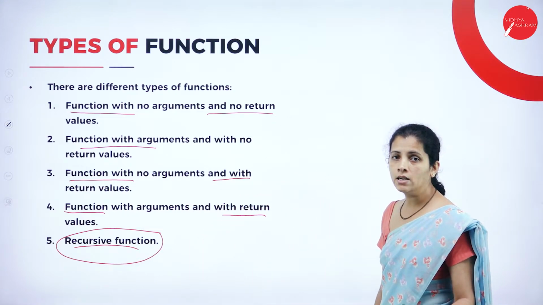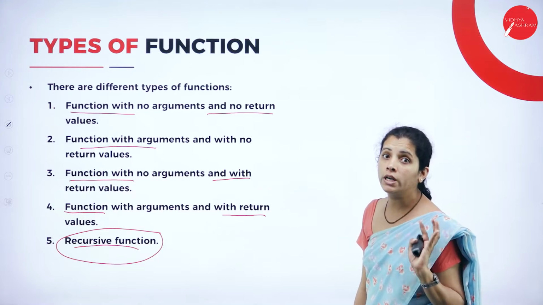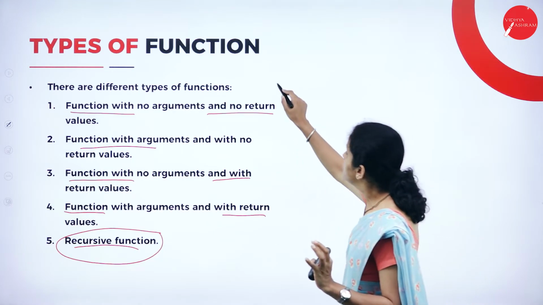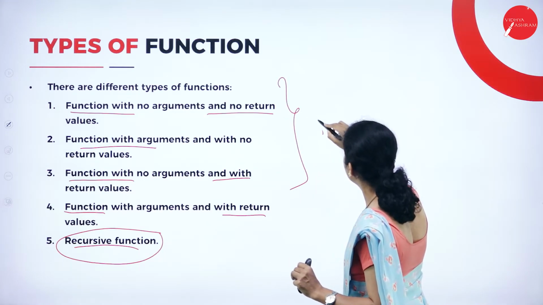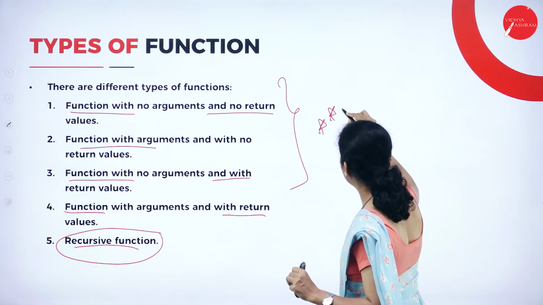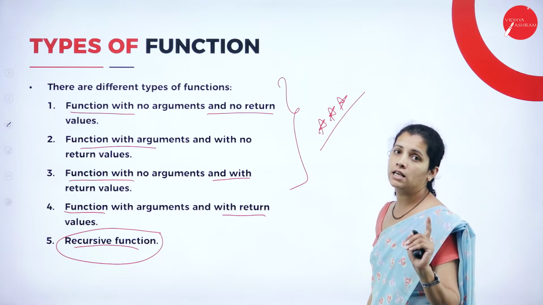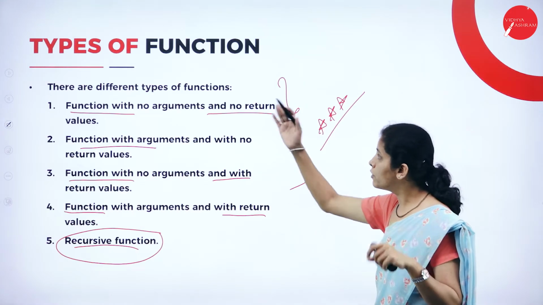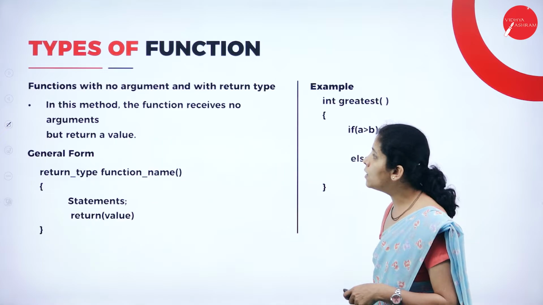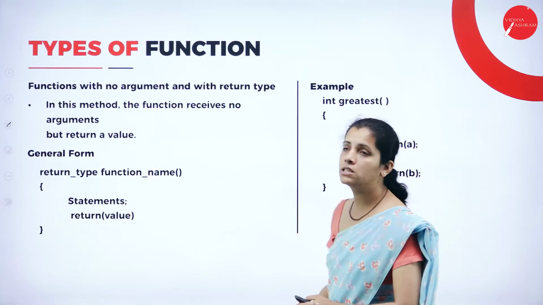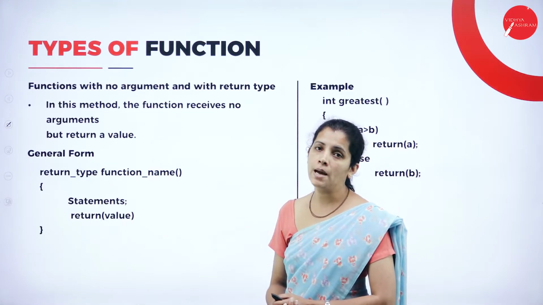And dear student, please make a note here that this topic is very important from the examination point of view, and you can expect one question from this topic. Now I'm going to have my first type. What is my first type?